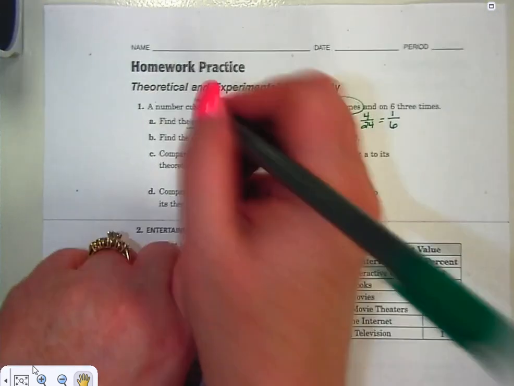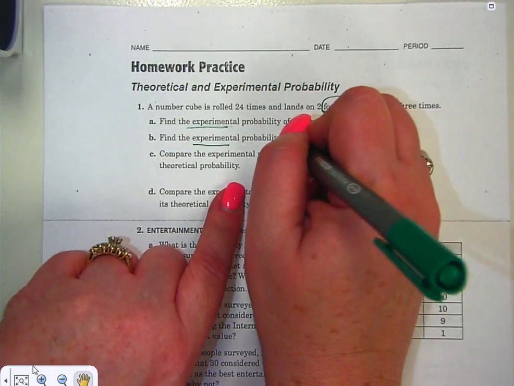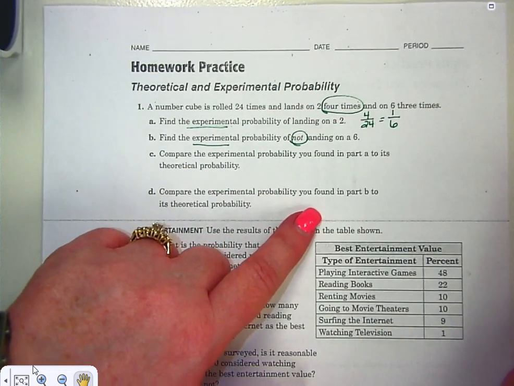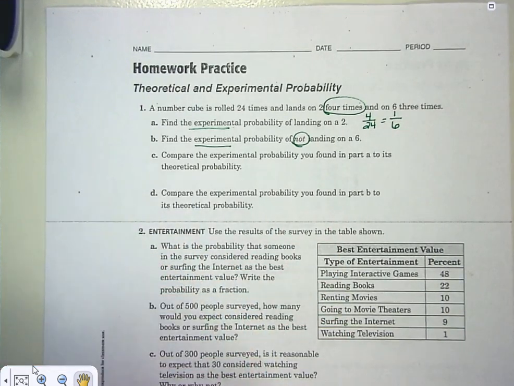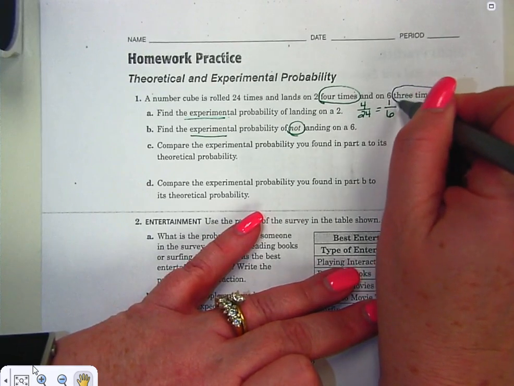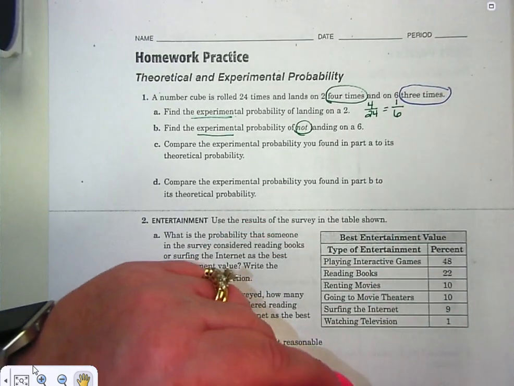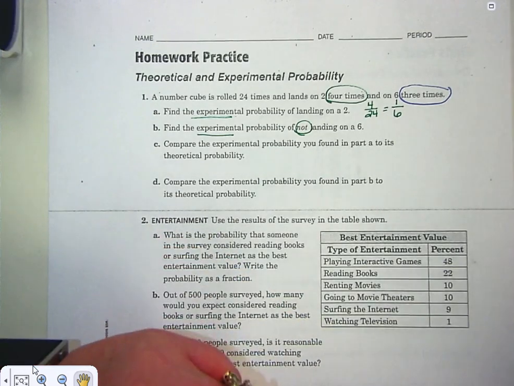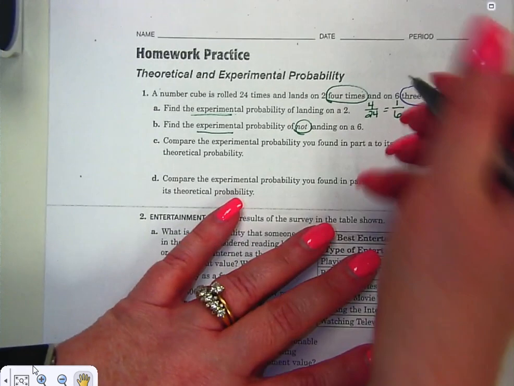Find the experimental probability of not landing on a 6. So I need to go back. How many times did we land on a 6? 3 times. So how many times did we not land on a 6? So we rolled 24 times. 21.